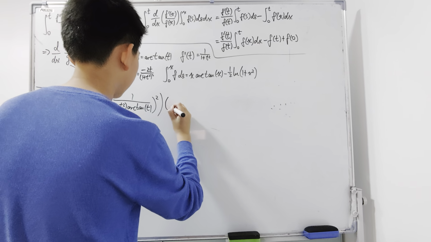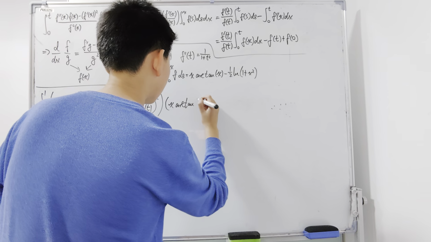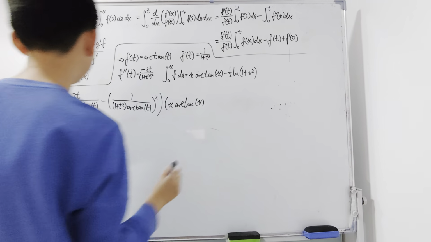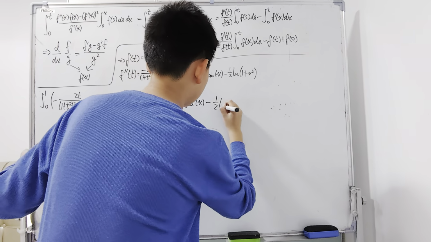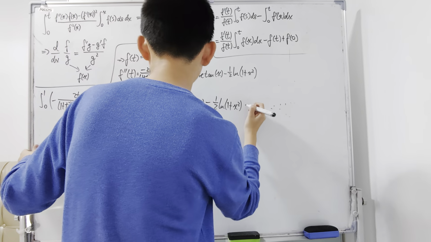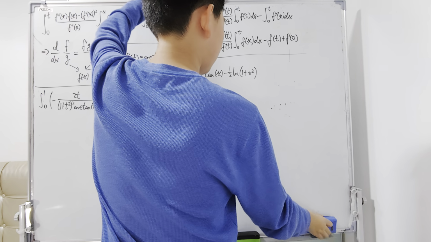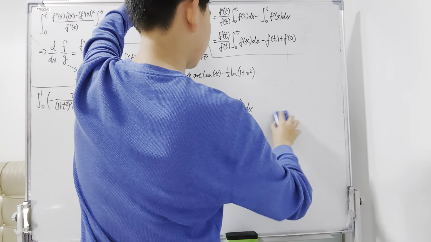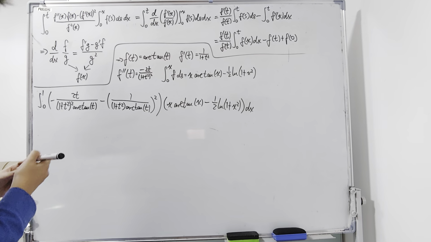So we have this is going to be x arctan x. This integral is actually quite big, actually. Minus 1/2 natural log 1 plus x squared dx. And I'm going to have to clear up this a little bit, because my whiteboard is actually getting kind of dirty.